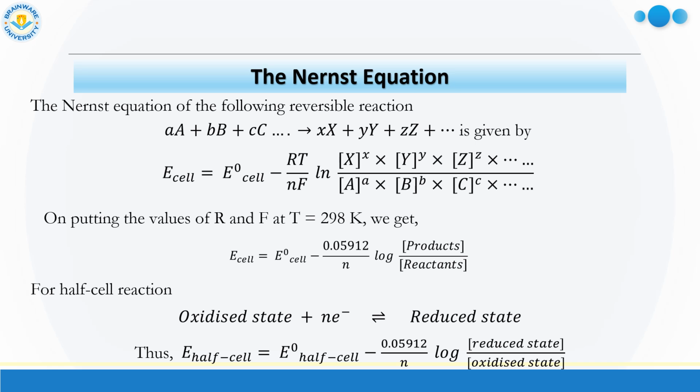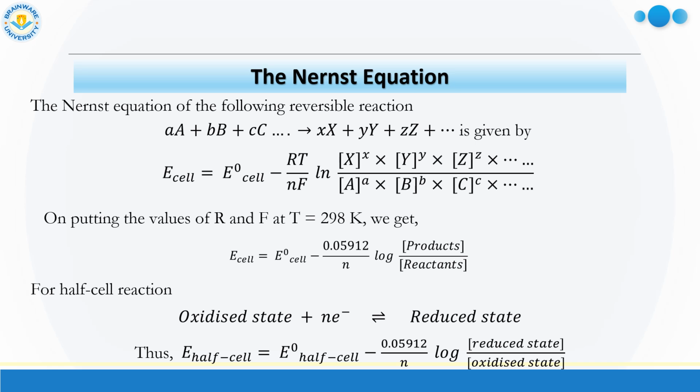Now if we put in the values of R and F, assume the temperature to be 298 Kelvin, and convert ln to log, we will get E cell equal to E0 cell minus 0.05912 divided by n log of the concentration of the products over the concentration of the reactants. This is the simplified form of the Nernst equation which we actually use for various calculations.